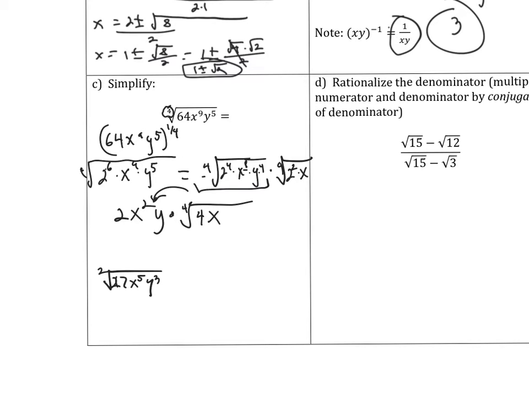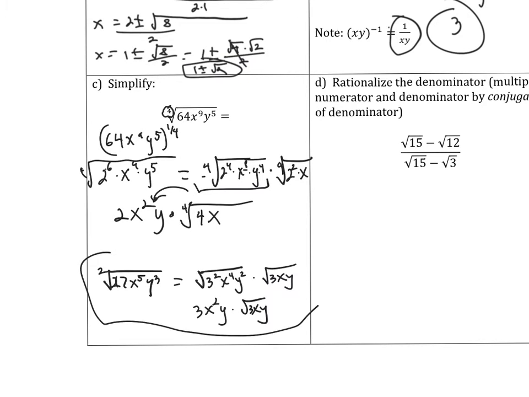This is really the second root, so we would make this equal to the square root of, since this is 3 to the 3rd, we'll make this 3 squared here, x to the 4th here, y squared here, times what would be left over, which is 3xy, and this would then just become the second root, or each of these divided by 2, 3x squared y times the square root of 3xy. All right, so this is just a second example. Don't confuse it as a solution for the first.